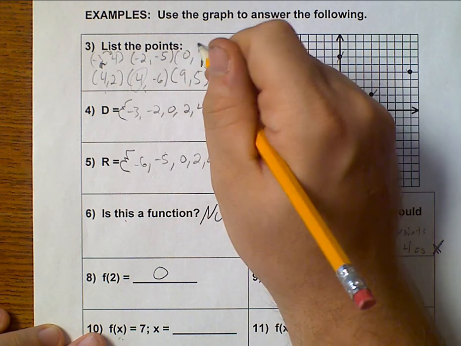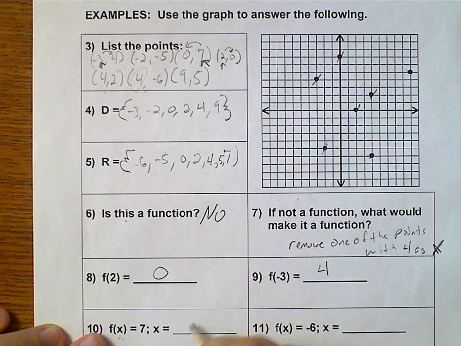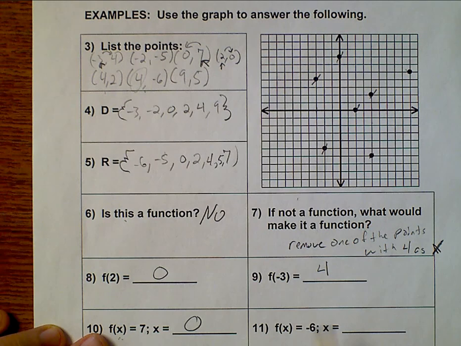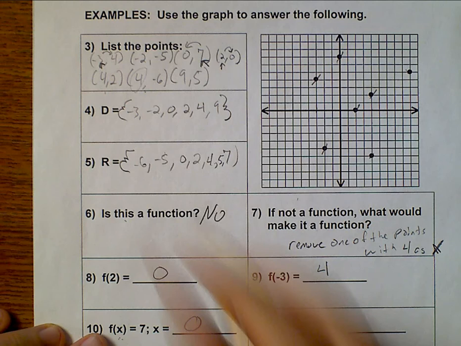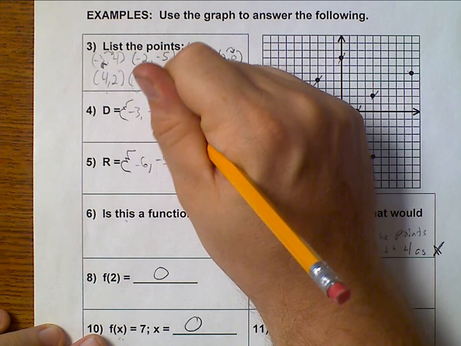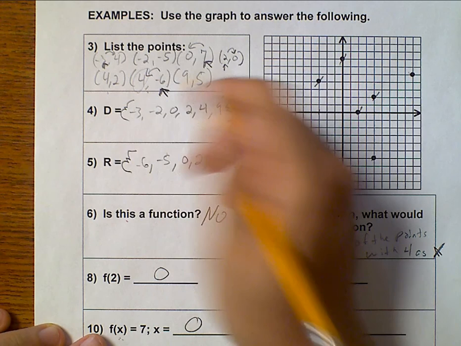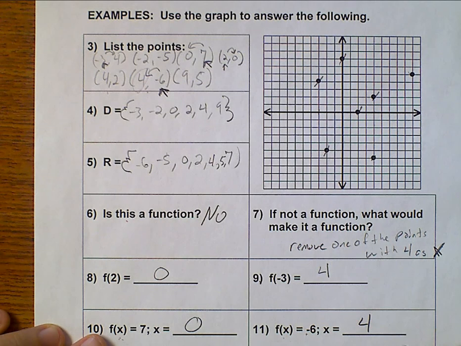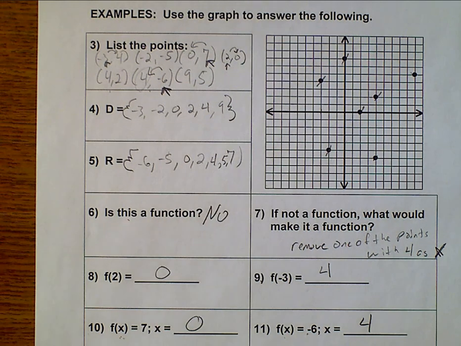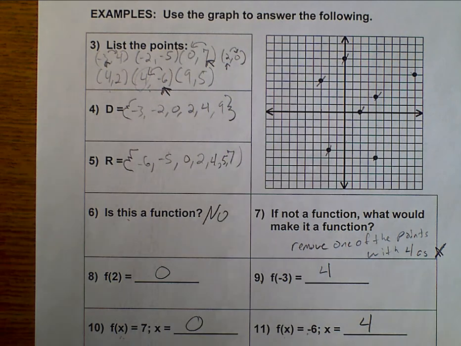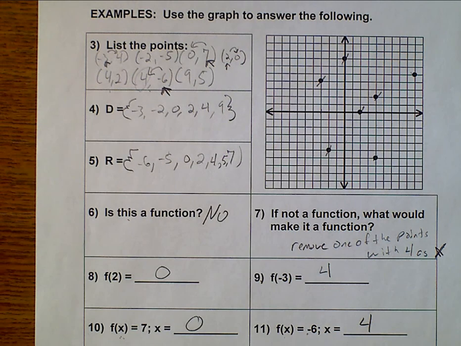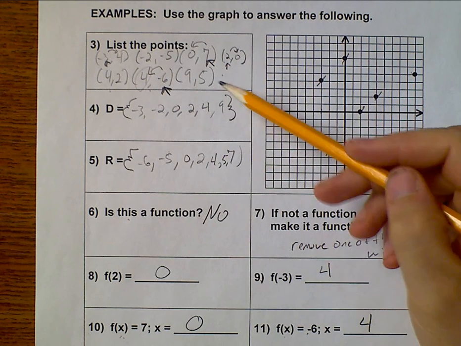What is x? Well, that would be 0. And if my y value is negative 6, what is my x value? Well, it is 4. Very simple. You just look back at your list, or you can look at your graph.